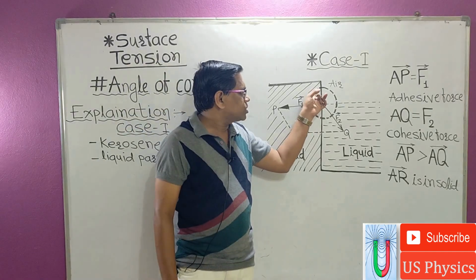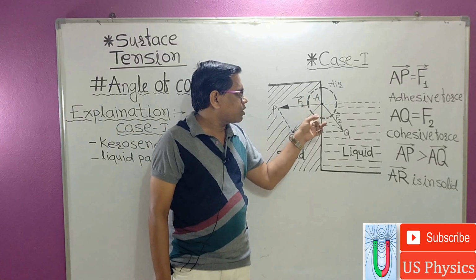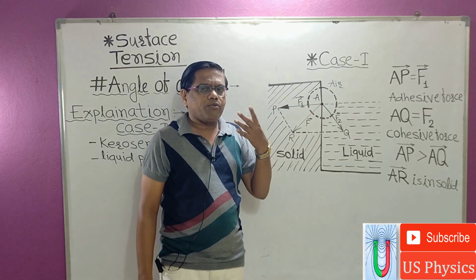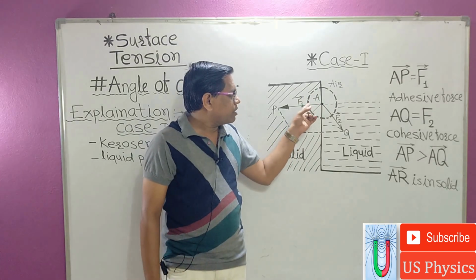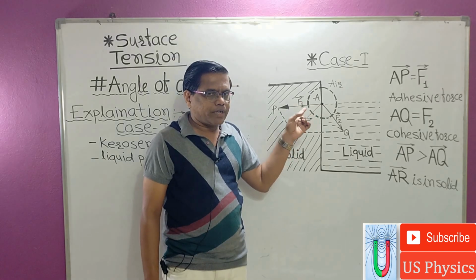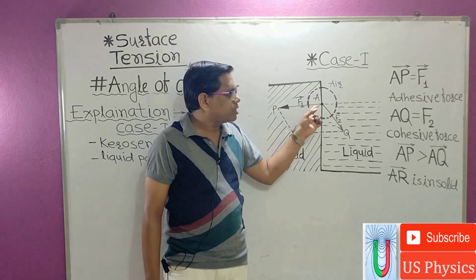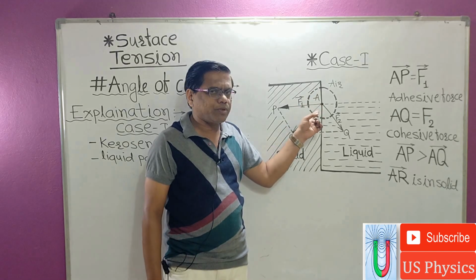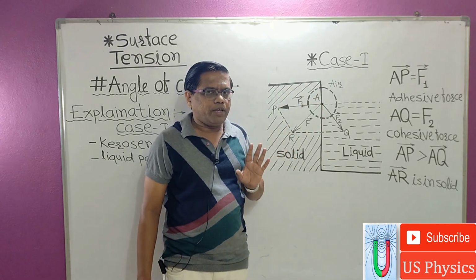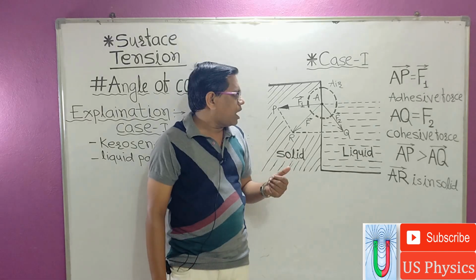So the number of molecules present in this part of the sphere of influence is very large. That's why the molecular force of attraction exerted by molecules of solid present in this part of the sphere of influence on molecule A will be very large.